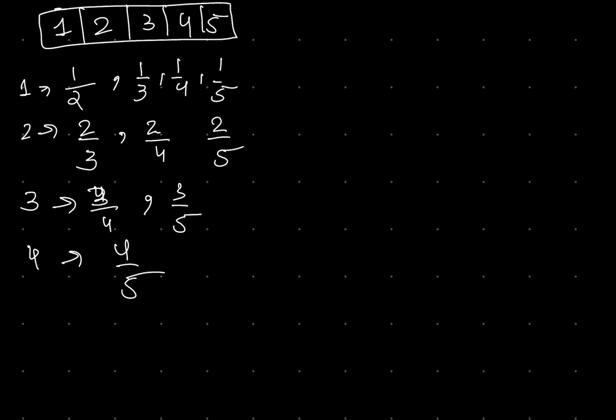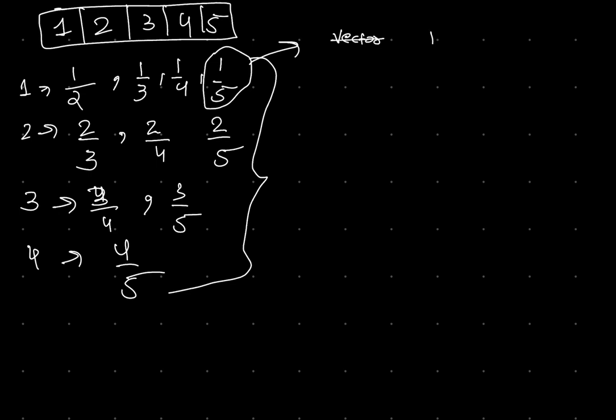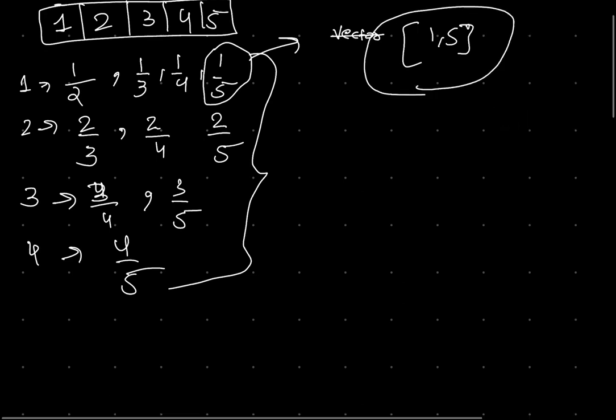So what is the smallest out of all these values? 1 by 5 is the smallest. So you have to return 1 comma 5 as a vector, as an array, because 1 is the numerator and 5 is the denominator, using which the fraction was made.